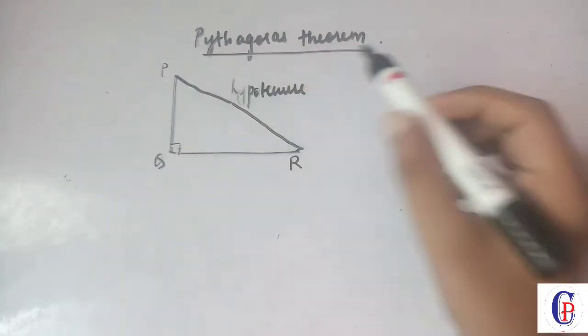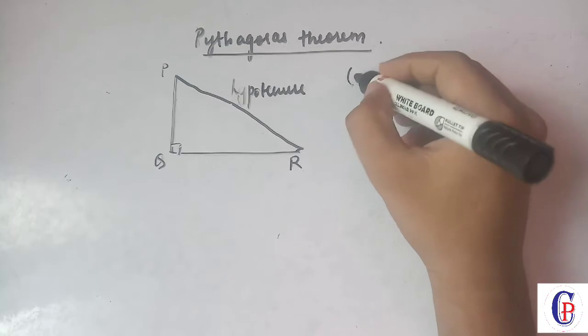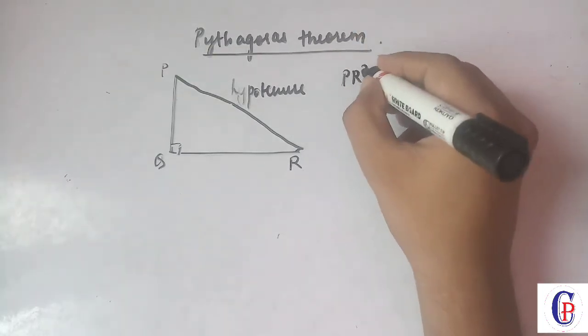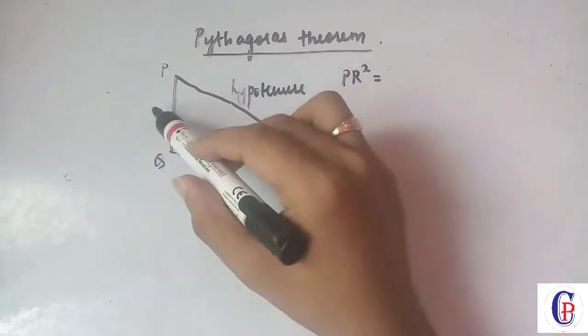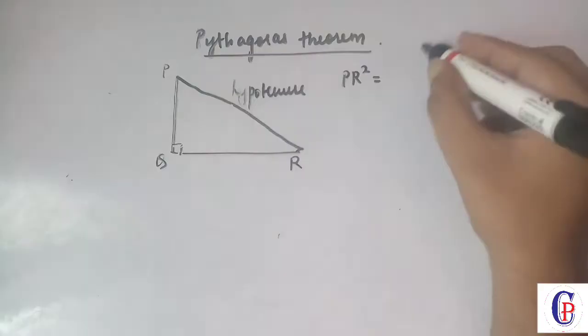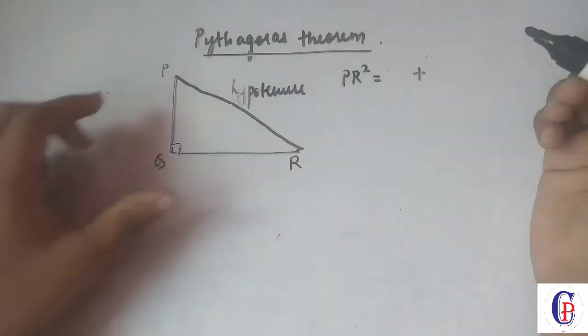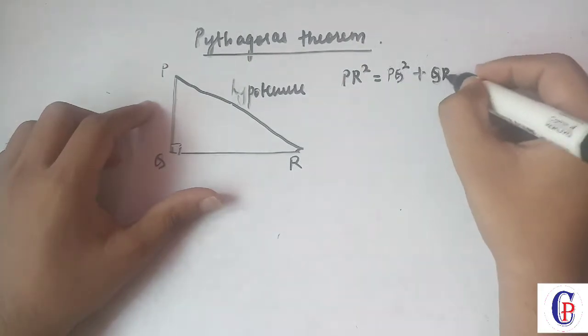So what does Pythagoras theorem say? It says that hypotenuse square, that is PR square, is equal to the sum of the squares of the other two sides, PQ square plus QR square.